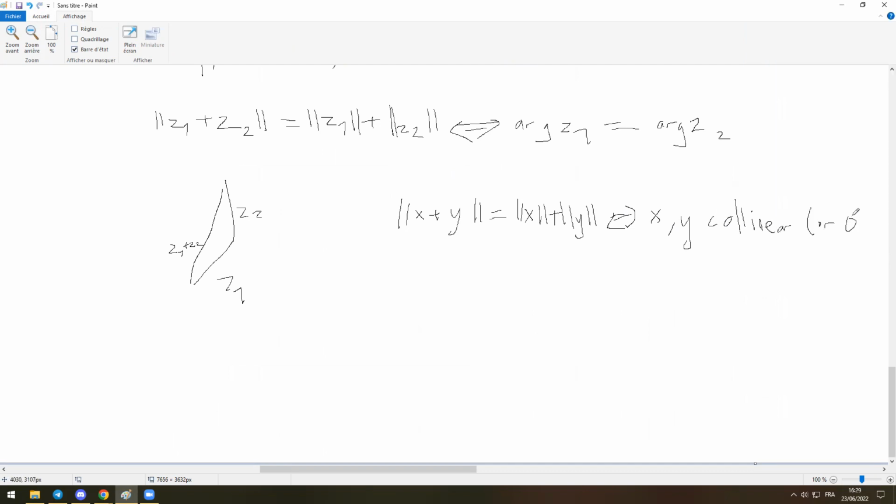And there's a sign issue. Yes, there is a sign issue. That's why you need collinear on one side. You can't have x and minus y. So it's like on the same ray.